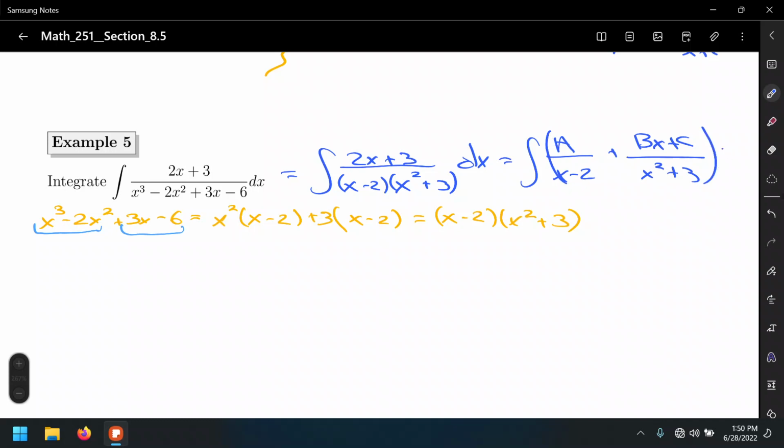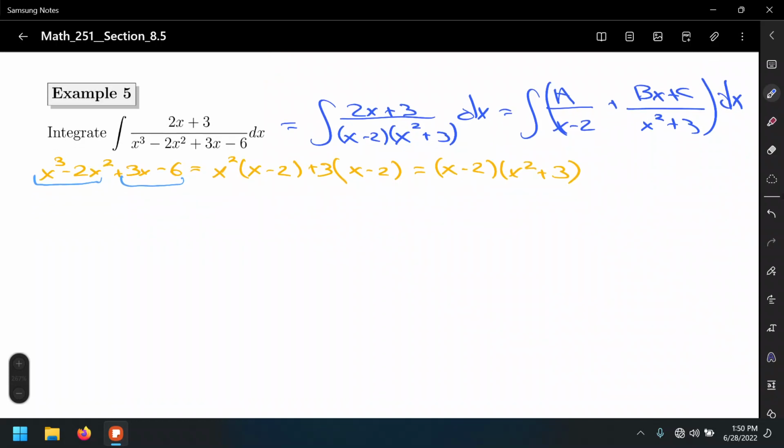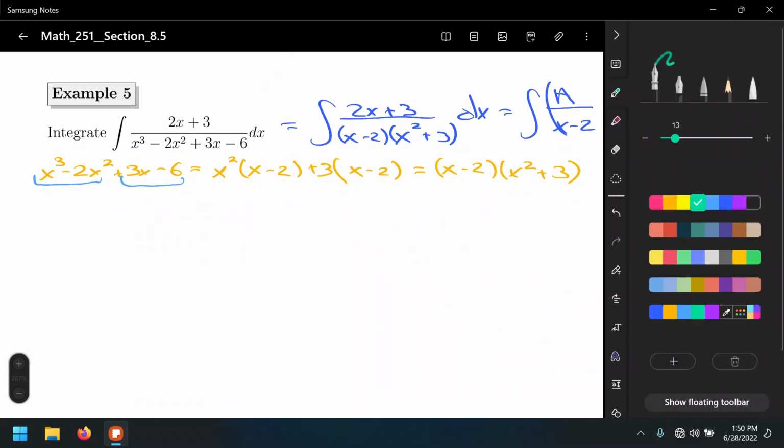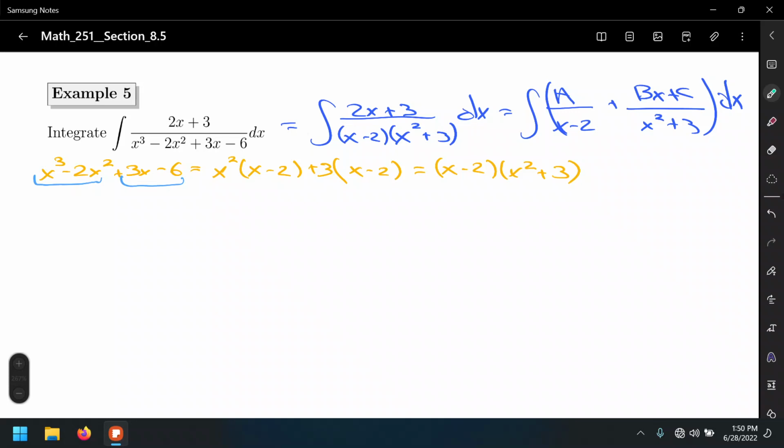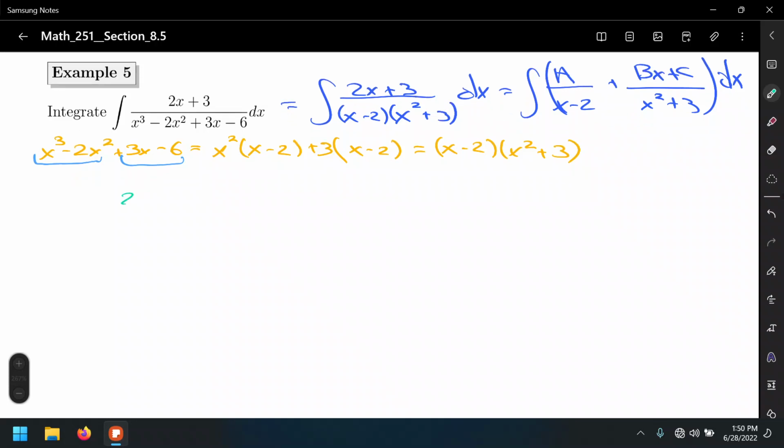All right. So let's set these two quantities equal to each other so we can find those values of A, B, and C. That is 2x plus 3 over x minus 2 times x squared plus 3 equal to A over x minus 2 plus Bx plus C over x squared plus 3.